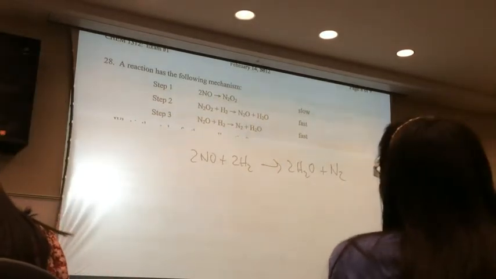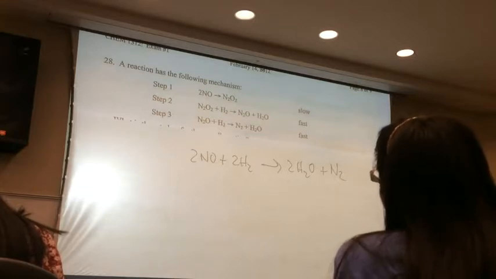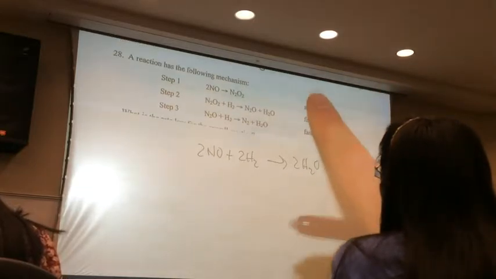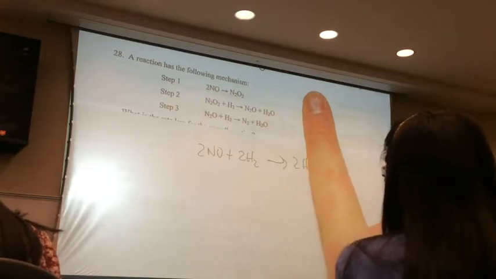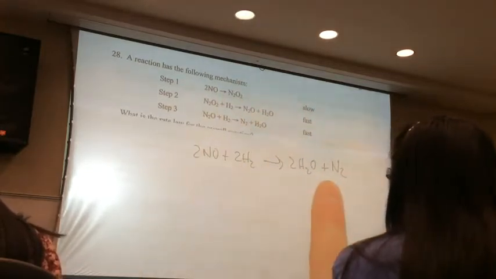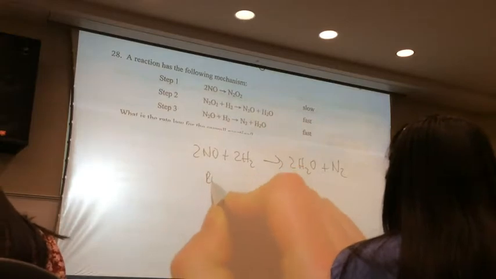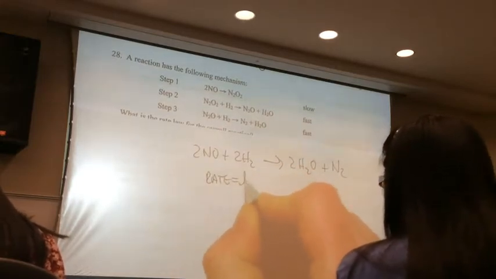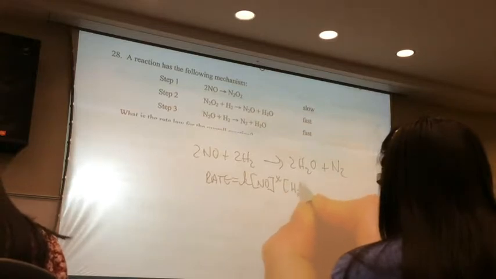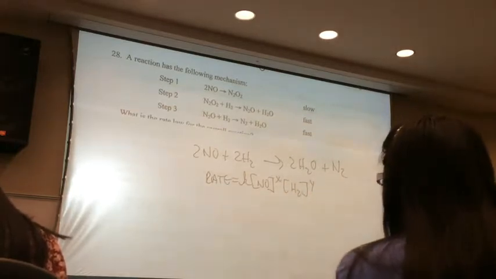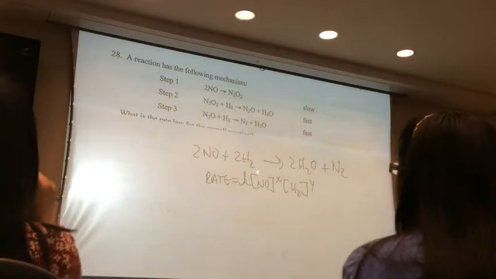So what's the rate law for the overall reaction? If I don't know fast and slow and I just added these, or if you were just given this as the overall balanced reaction, you would say that the rate law is k times NO to the x power times H2 to the y power. That's what you know if it's just an overall reaction.